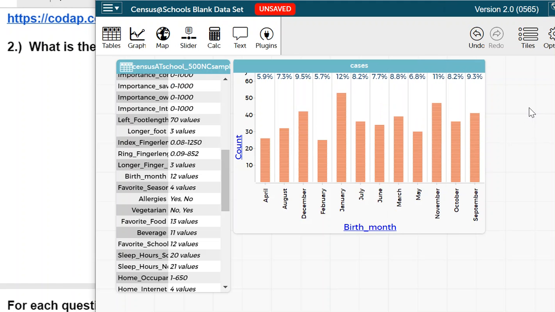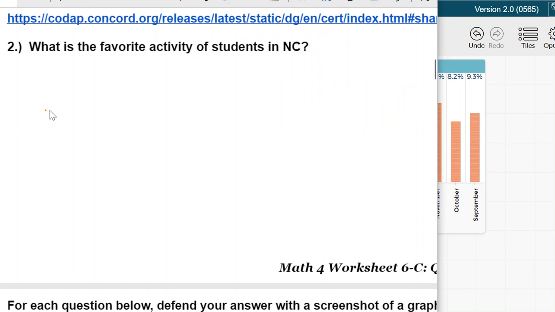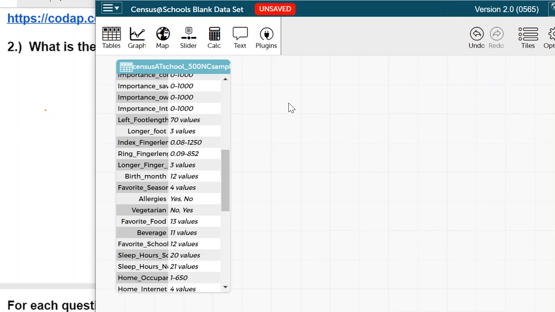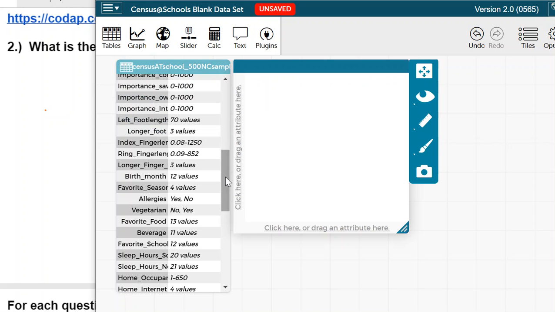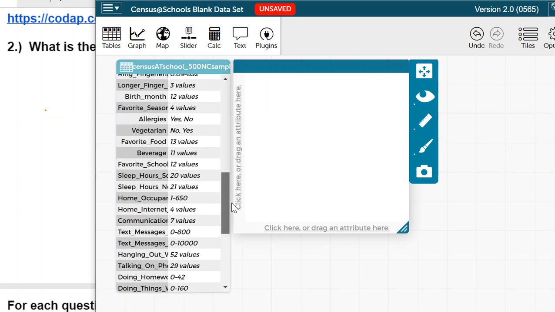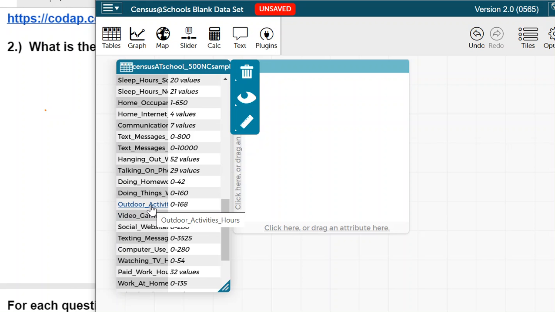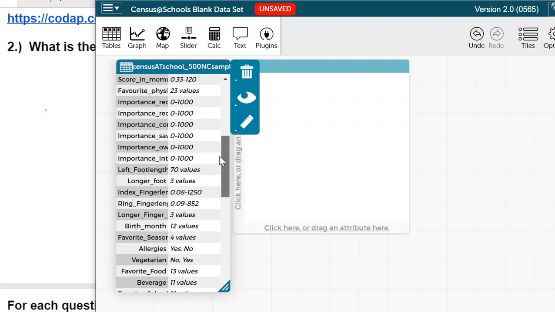Number two, we're looking at favorite activity, so we're going to get rid of this guy, and we're going to start a new graph, and we're going to find favorite activity. Oh, that's outdoor activities hours.